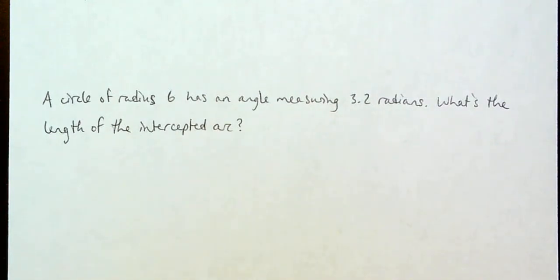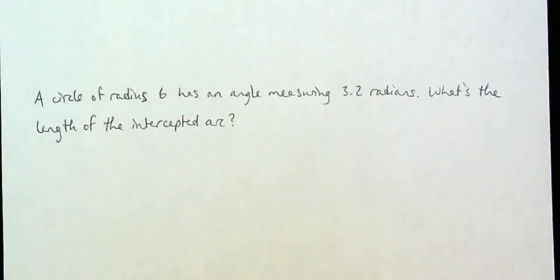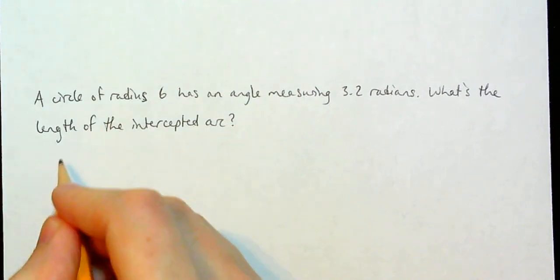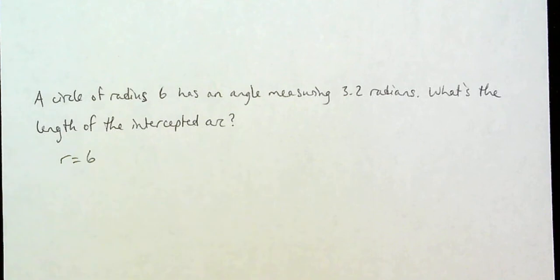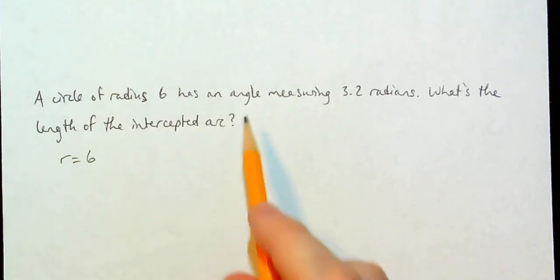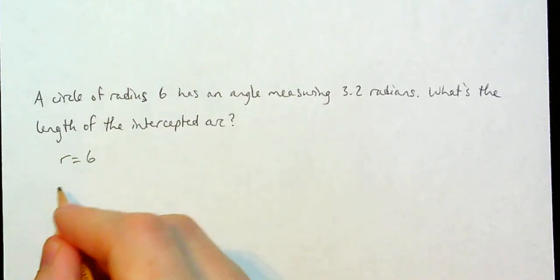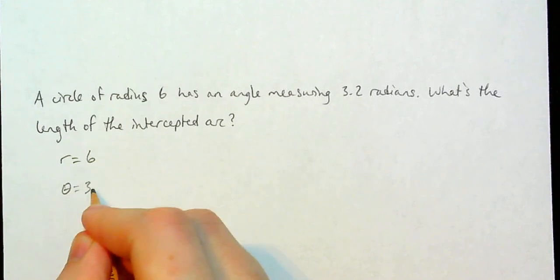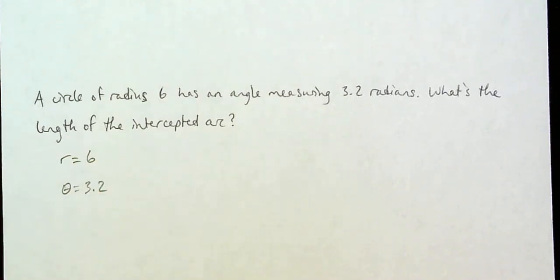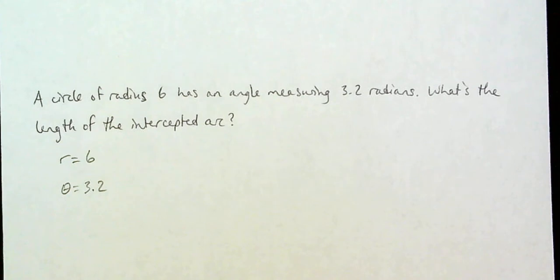Once again, we are going to point out or isolate the key pieces of info that we need, and we're going to substitute them into our formula. The circle of radius 6, so R is equal to 6, has an angle measuring 3.2 radians. Again, we are given theta here, 3.2.